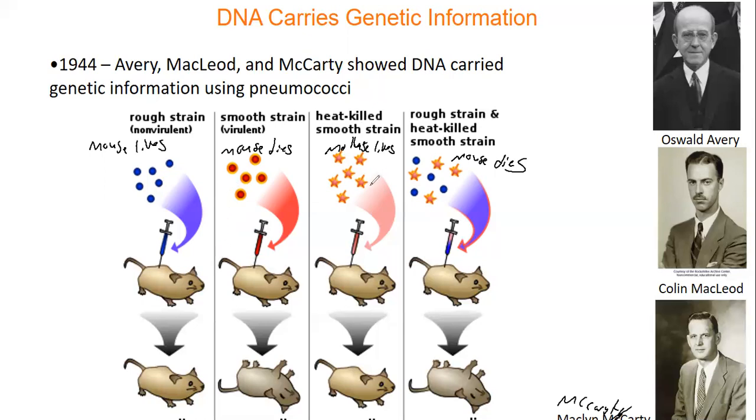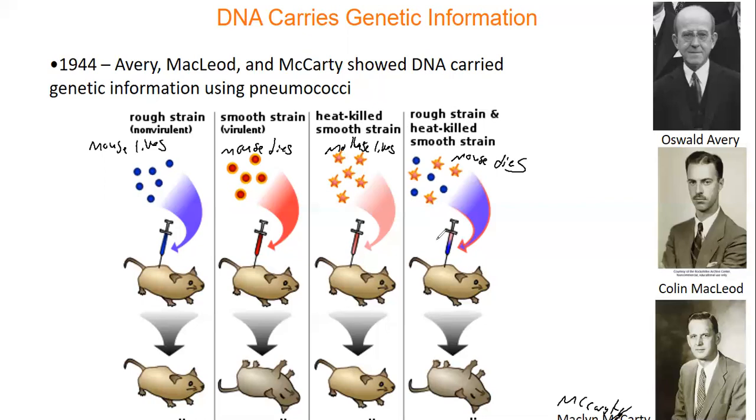And what they saw was, if you take your smooth strain and you add heat to it, you kill all the bacteria, and the mouse lives. However, if you take your smooth strain bacteria, you kill it, then you add your rough strain bacteria and give that to a mouse, it dies.